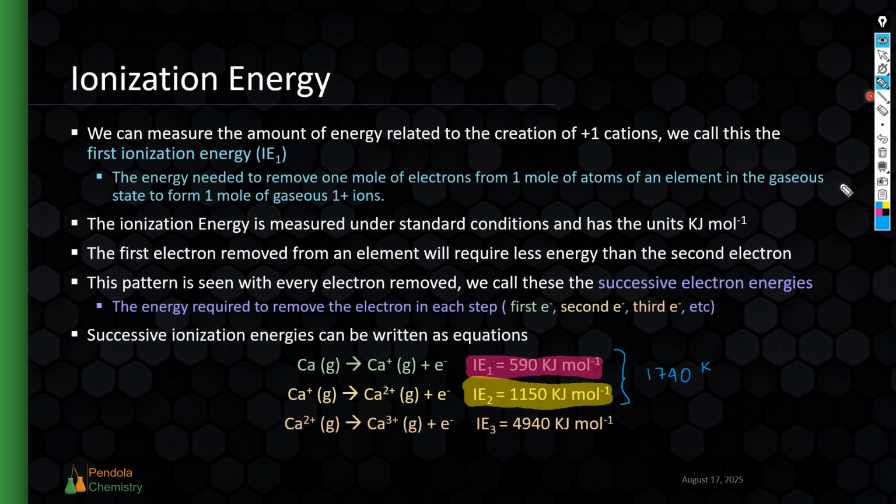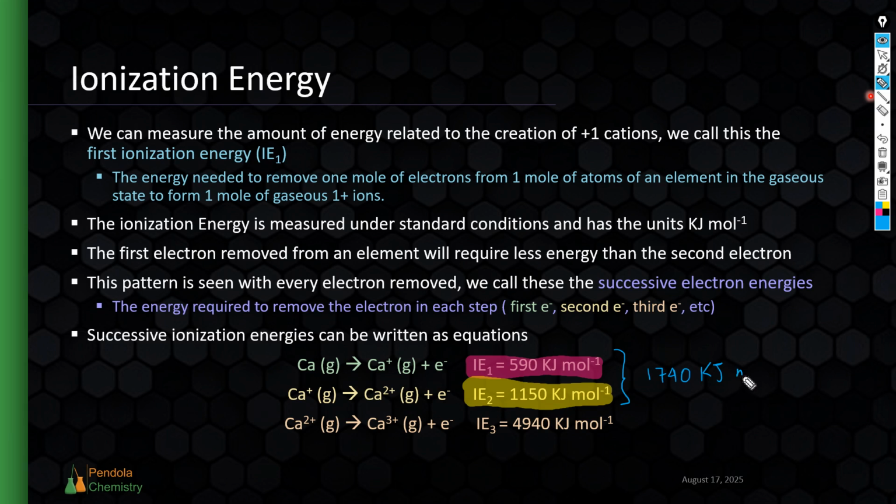Now notice that I'm not putting kilojoules per mole. I'm just putting kilojoules. Why? Because that's not a mole of electrons that we're removing. Technically, that is 2 moles of electrons that we're removing. But it will take a total of 1,740 kilojoules for every 1 mole of calcium 2+ ions that we want to make.